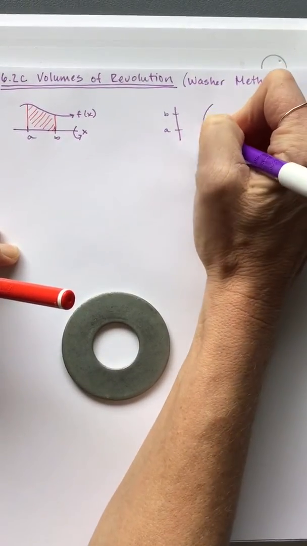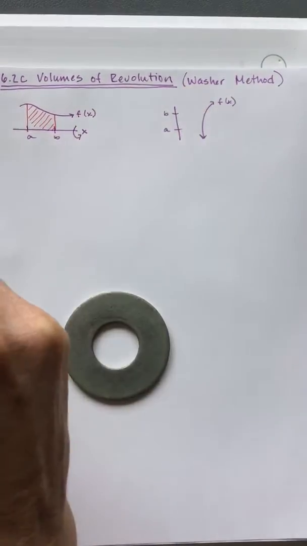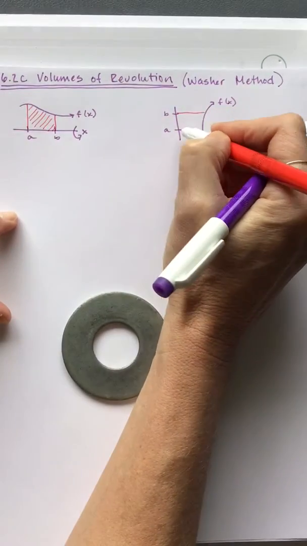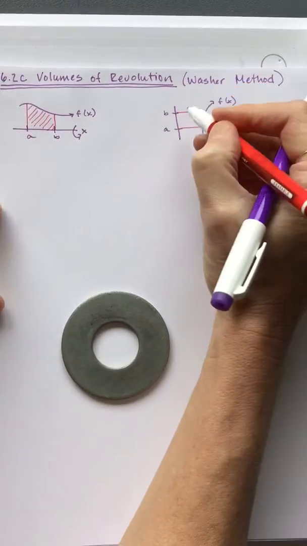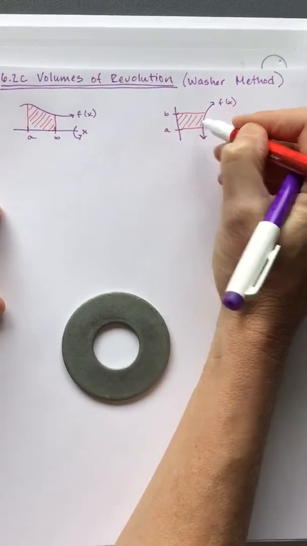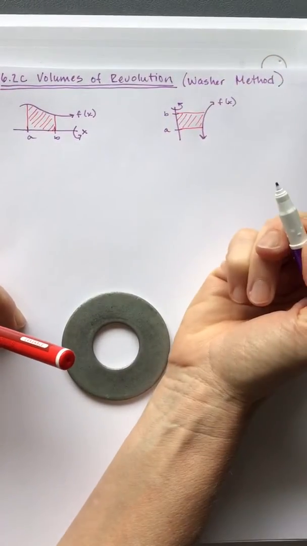Let's say we've got a function like this, f of x, and we've also been rotating it about this y-axis, right? Okay, so we've been rotating that about this axis.